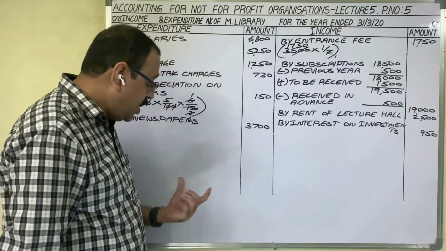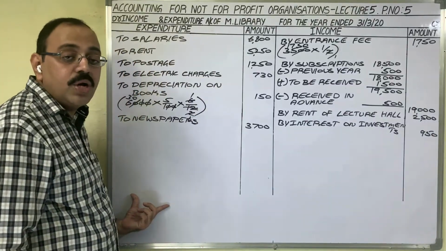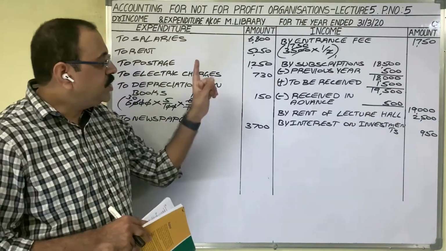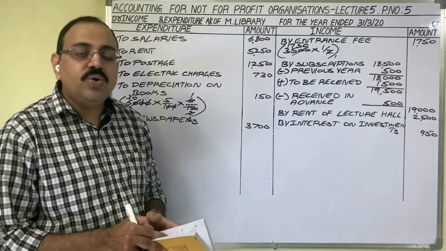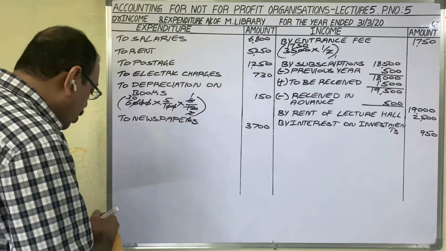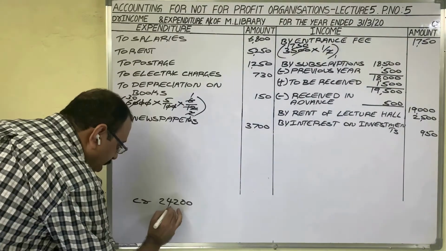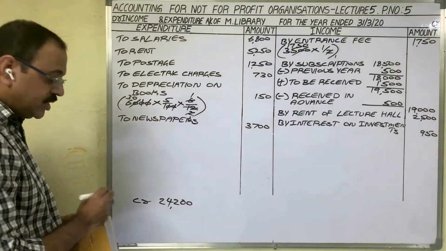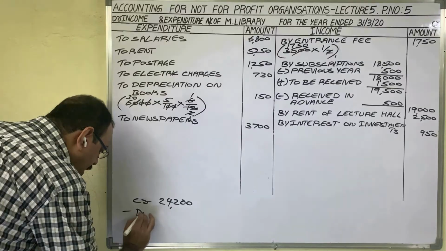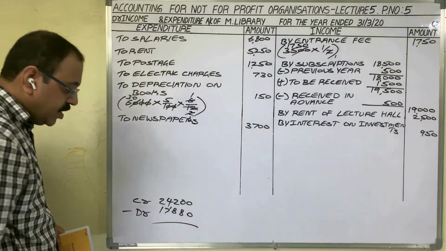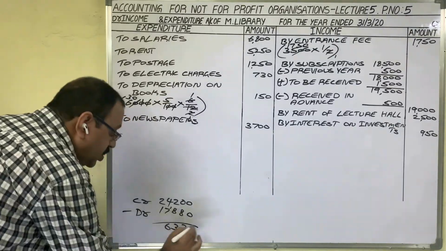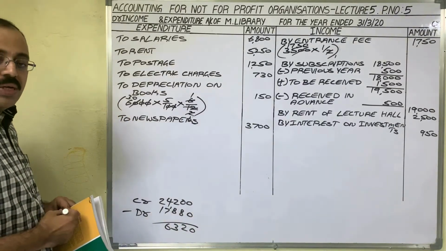Procedure is, in rough notes you have to find out the totals of two sides. Observe which side total is more: credit total is more. So in rough notes, credit total we have to find out first. 24,200 rupees minus debit total 17,880. Now difference is 6,320 rupees.